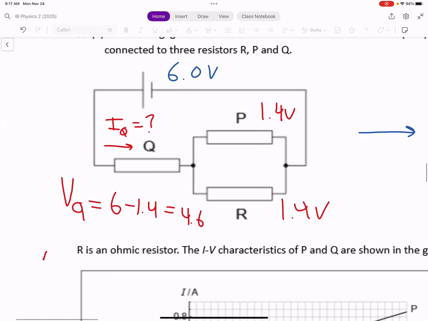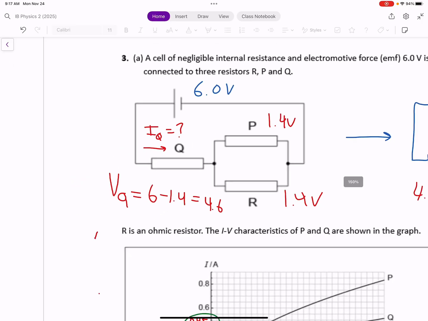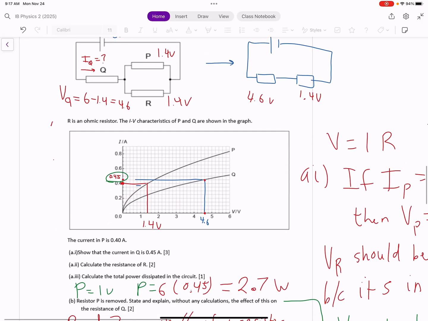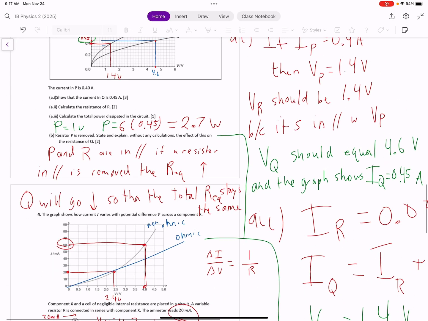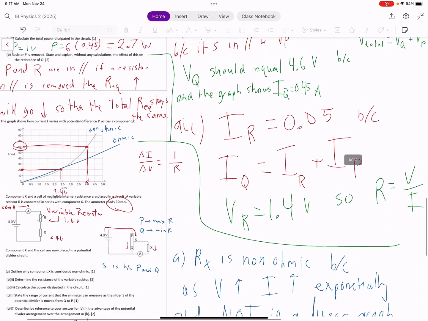If the current going into Q is 0.45, and the current going to P is 0.4, then the current going into R has to be the difference between those two things, so it's 0.05.